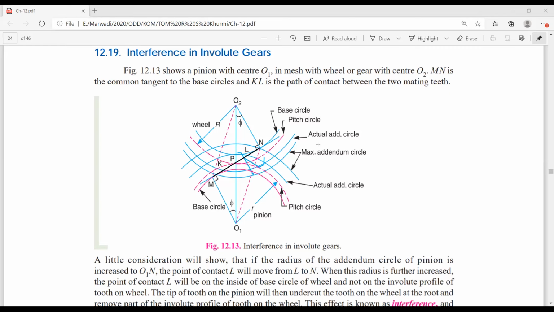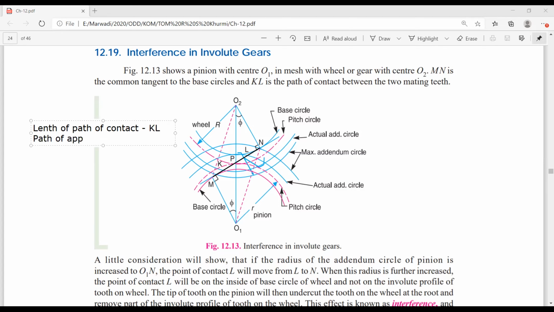Clear? I am writing it again here. The length of path of contact is KL.